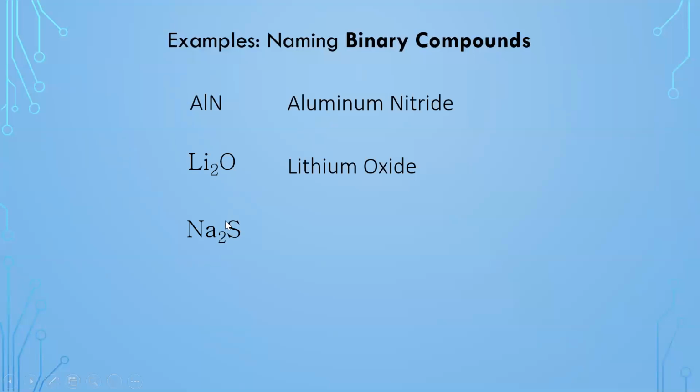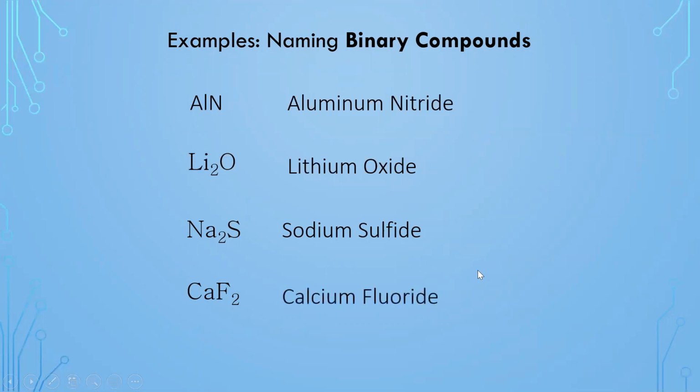Sodium and sulfur become sodium sulfide. Okay, try this one. CaF2. Once again, you ignore the subscript. Ca is calcium. F is fluorine. It becomes calcium fluoride. Make sure you're spelling fluoride right, as well as all of them.